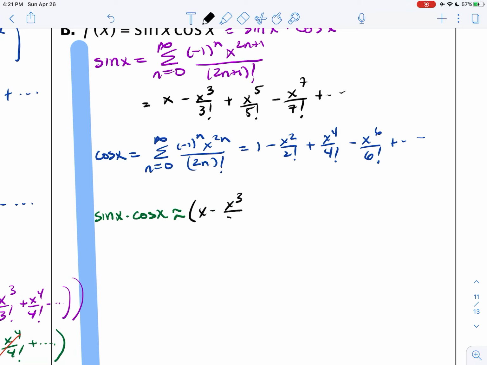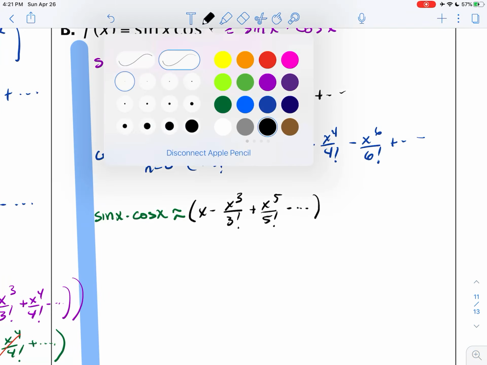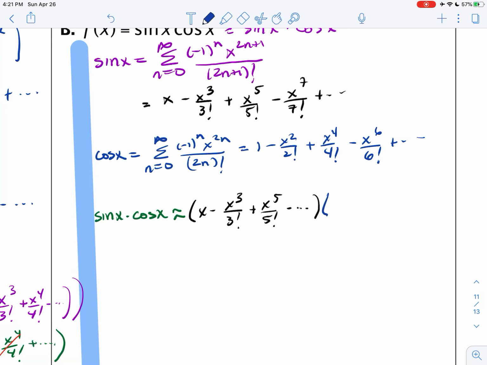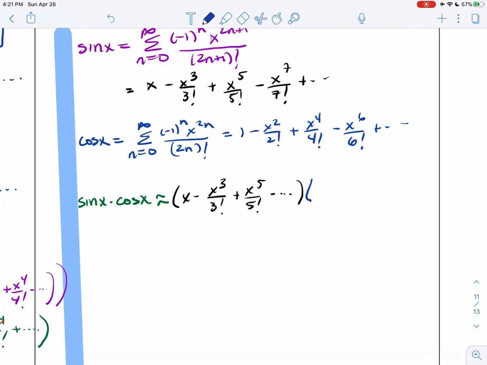So I can say that this is going to be roughly equal to x minus x cubed over 3 factorial plus x to the 5th over 5 factorial minus dot dot dot, and then times my cosine, using a couple of those terms, 1 minus x squared over 2 factorial plus x to the 4th over 4 factorial minus dot dot dot. Right? And that's what my sine times cosine is. And now I'm just going to expand the polynomial. So multiply.